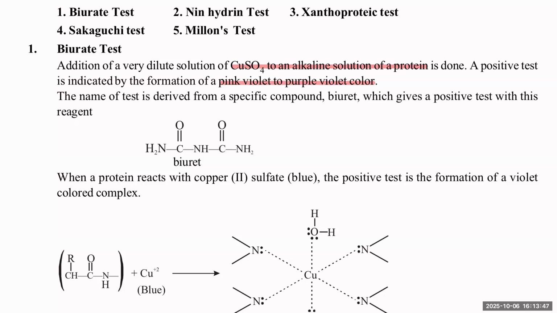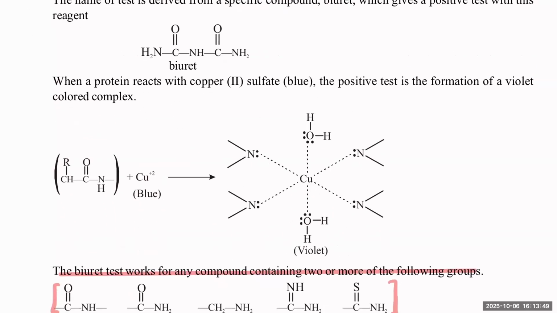Okay, which means what is essentially observed here? See, how is the violet color observed here? When it comes to biuret, if you notice, there is a lone pair present here. Of course, there is a lone pair present here also, but it is mostly delocalized all the time.